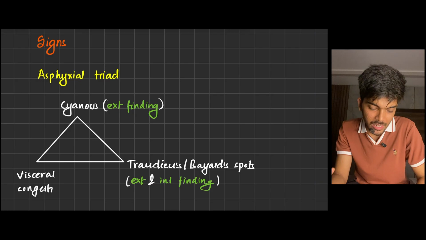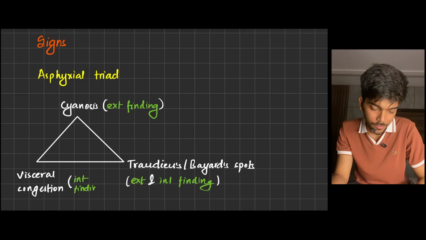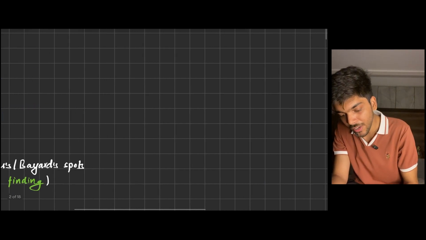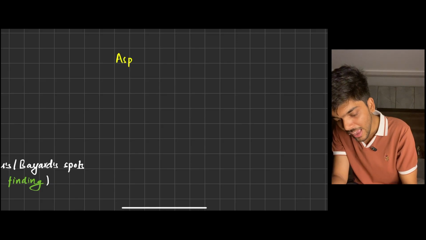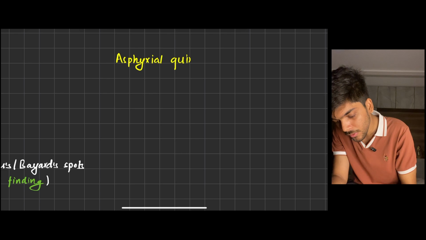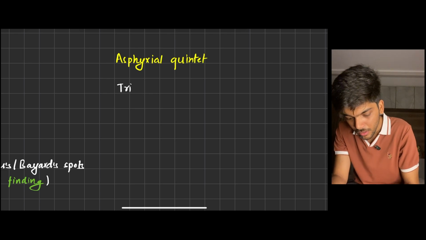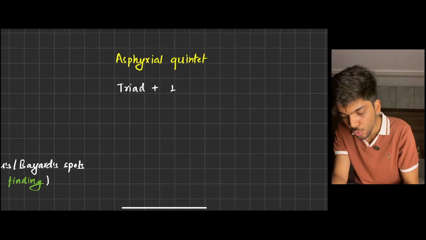Since this is present in viscera, which is inside your body, obviously this is going to be in the form of internal finding. This is your asphyxial triad. After that, there is also something known as asphyxial quintet. So it should contain the triad plus two more signs.